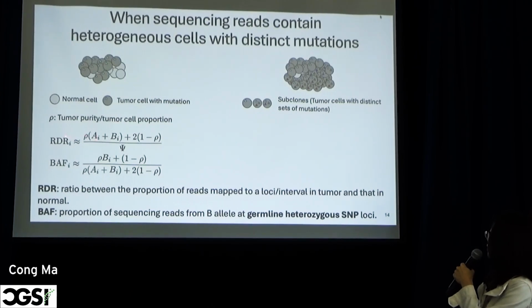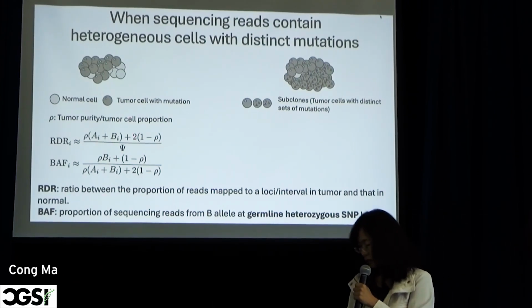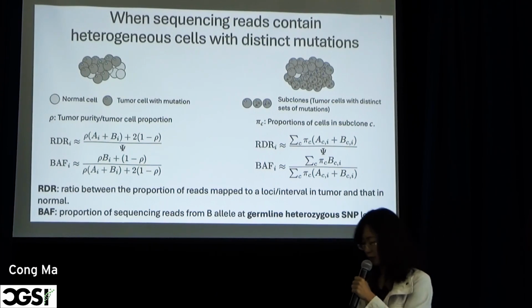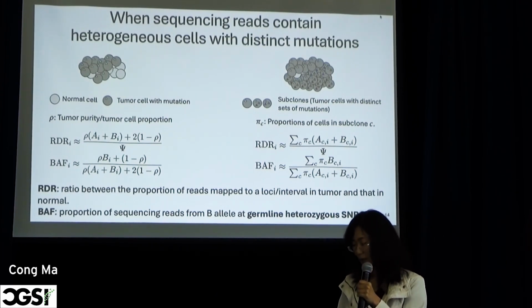And so here, the numerator of RDR should be a weighted average of the tumor copy number and also the normal cell copy number, which is 2, and also the same for B-allele frequency BAF. And in general, if we have multiple tumor cell populations and we have the mixing proportion of the tumor cells in each clone, then we can further express RDR and BAF, relating RDR and BAF to the weighted average of the allele-specific copy number within each subclone.